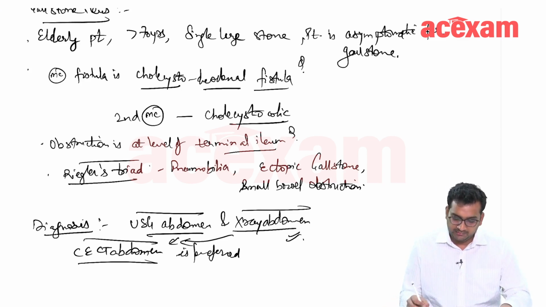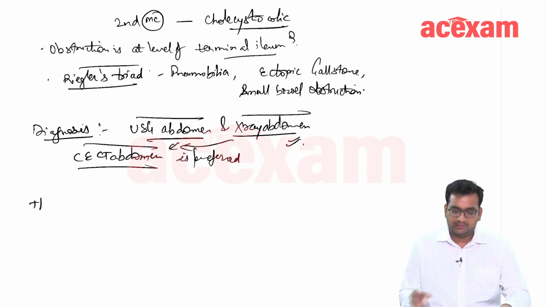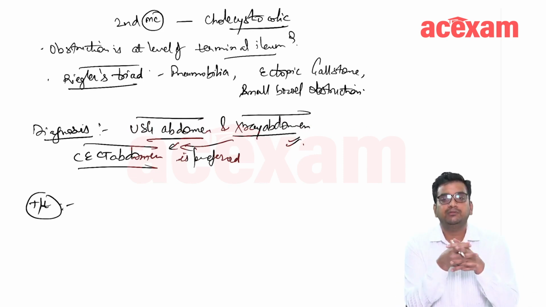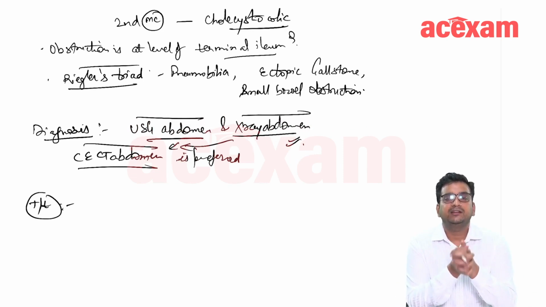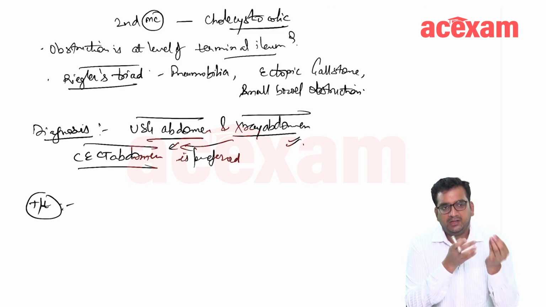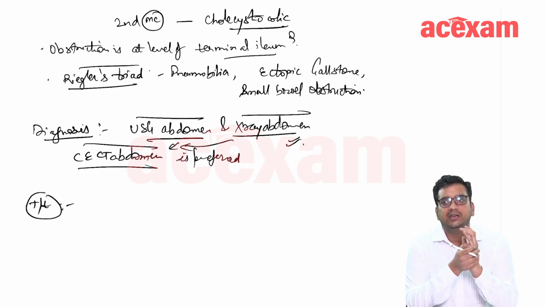Now, what is the treatment? As I've told you, the majority of the patients are old age patients and they are not symptomatic for their gallbladder stone. That is why we are only removing the obstruction and we are not performing cholecystectomy. Why are we not performing cholecystectomy?